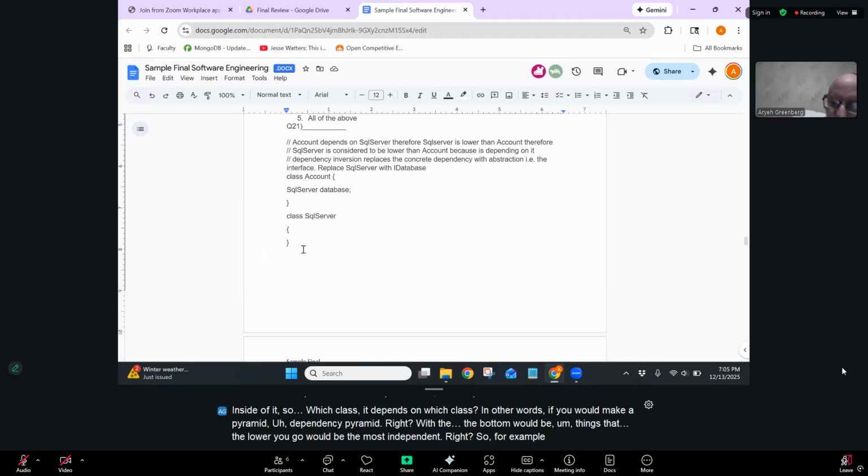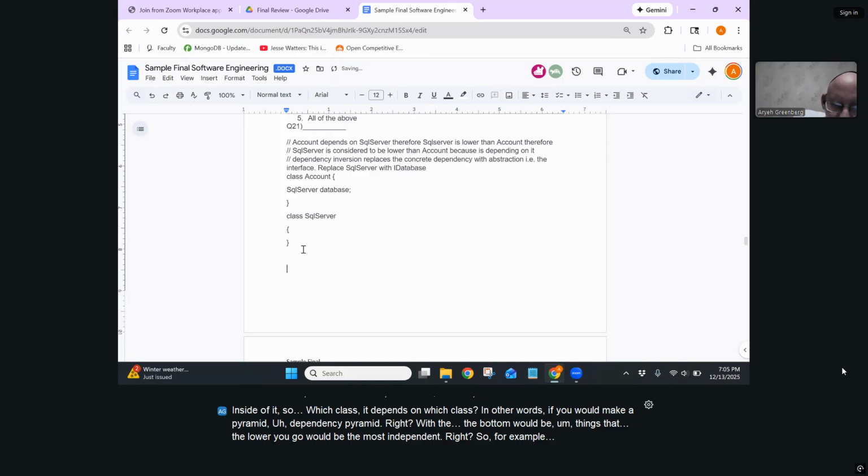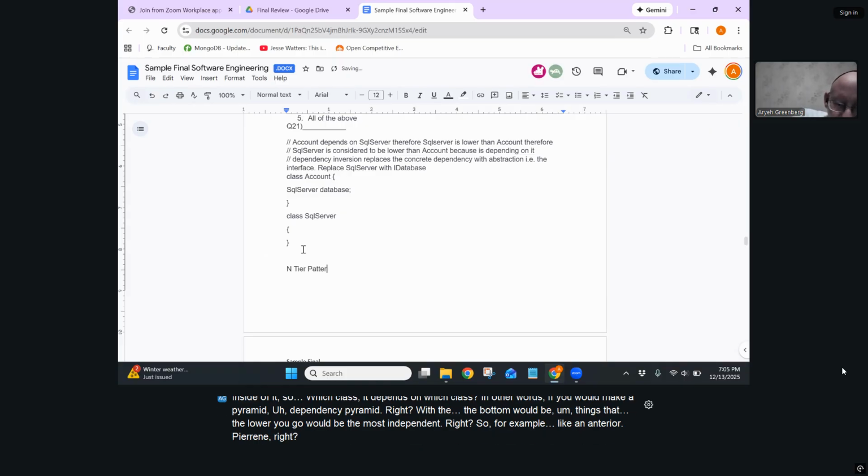So for example, like an N-tier pattern, right? So in this case over here, what would be the most dependent of these two classes?